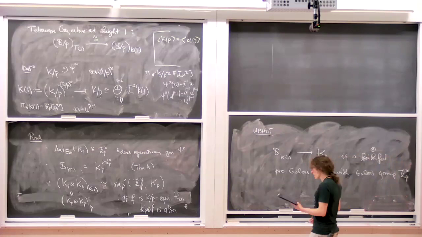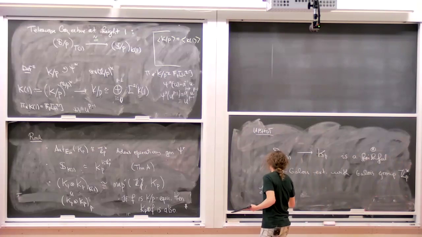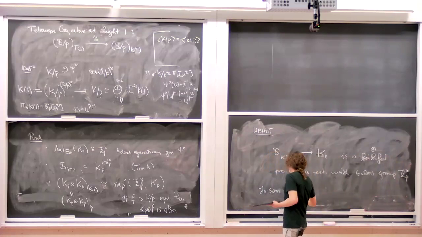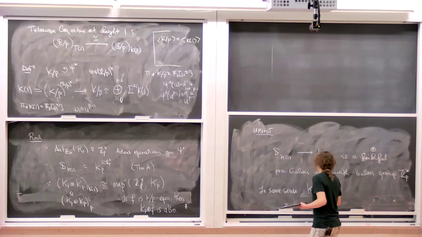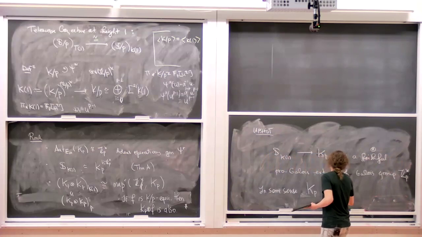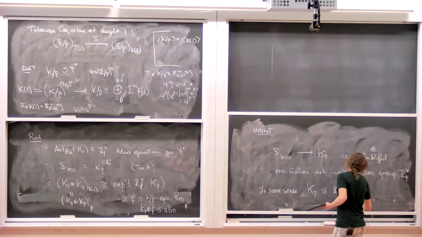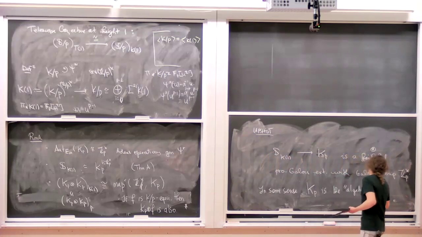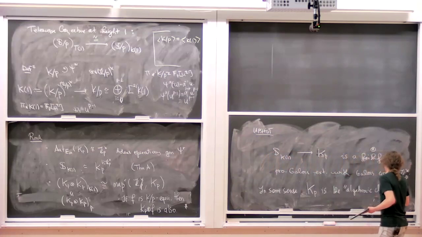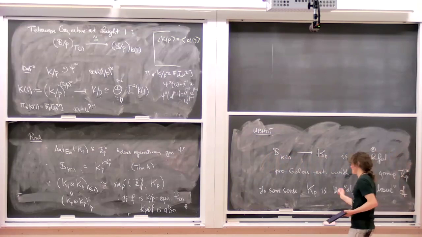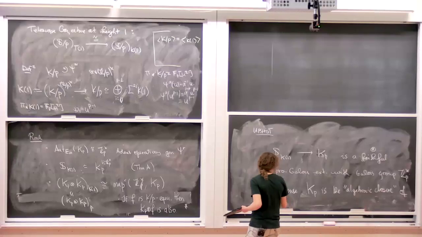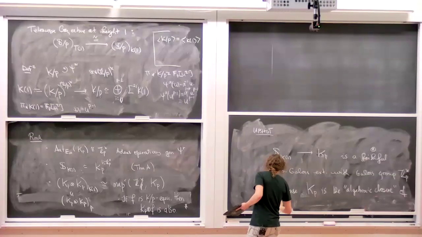And in some sense, KP is the algebraic closure. I'm not going to make precise sense of that. And it's not really true the way I said it, because I need more roots of unity. I need F P bar to show up somewhere, but of SK.